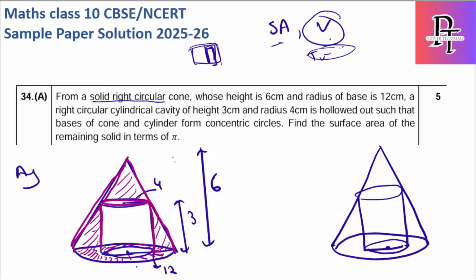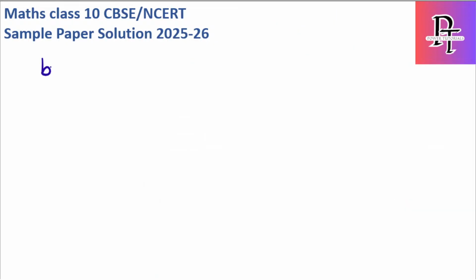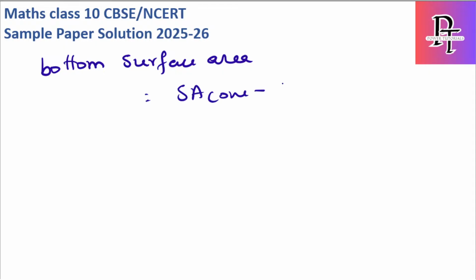Now we have to go to the inside, I mean the bottom part. I will write here bottom surface area. So what is the bottom surface area? Surface area of cone minus surface area of cylinder. Bottom surface area I'm talking about.